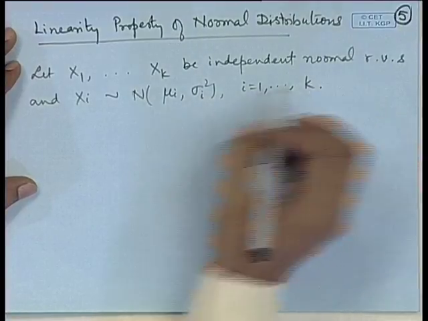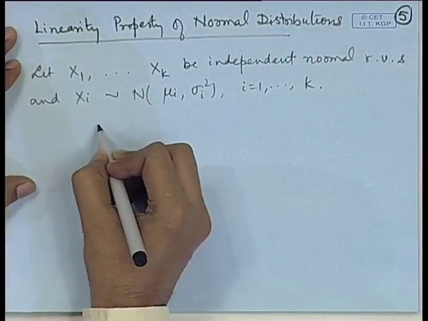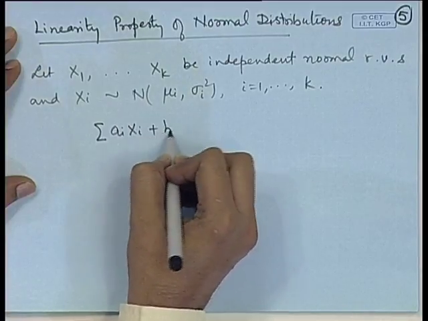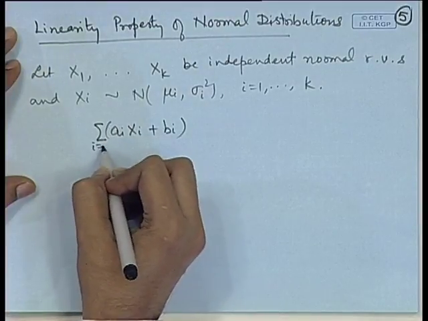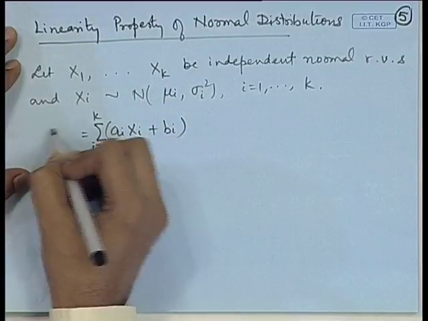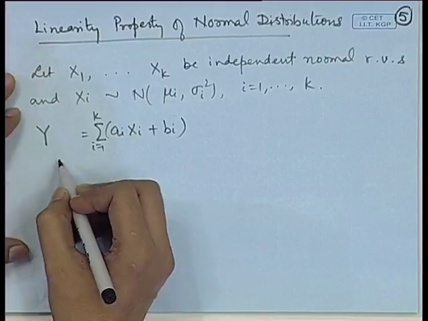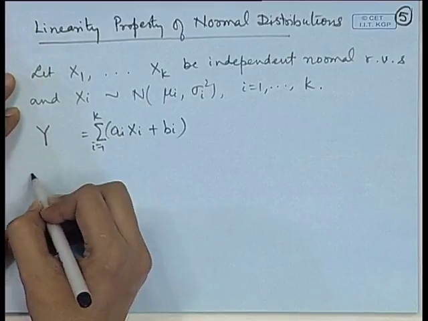Let us consider a linear function Y equal to sigma ai Xi plus b, i equal to 1 to k. Let us obtain the distribution of Y.